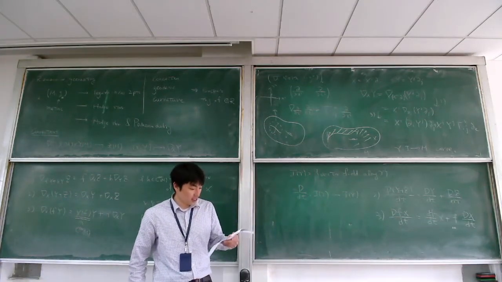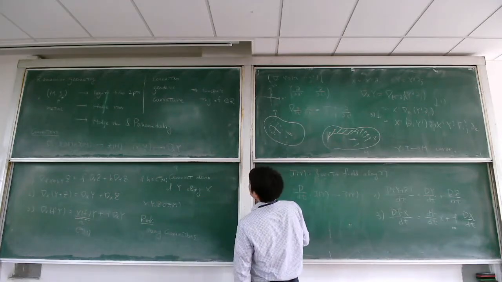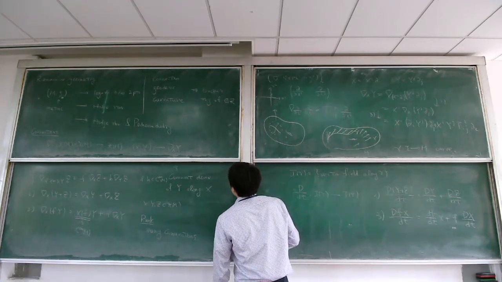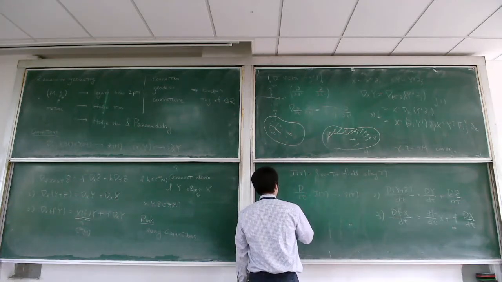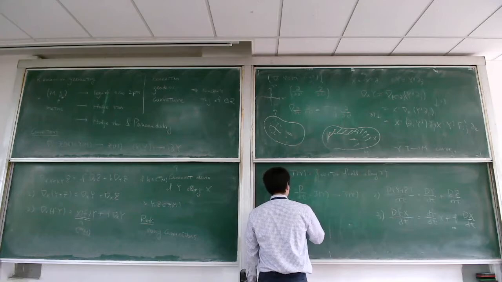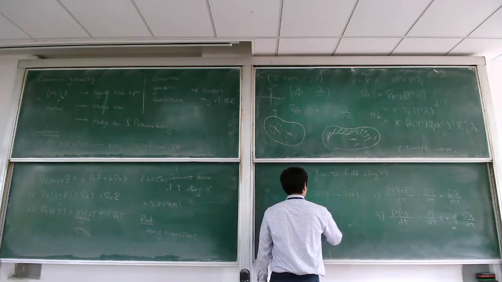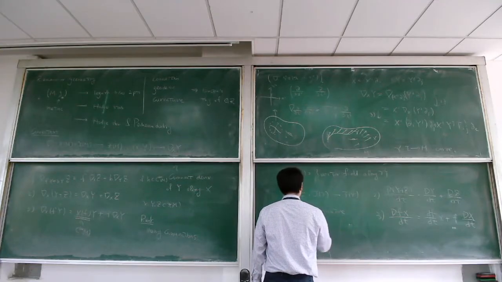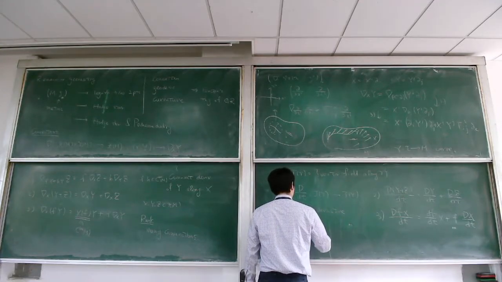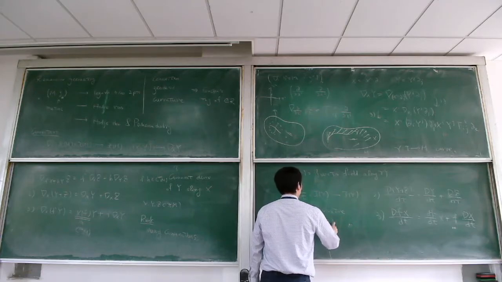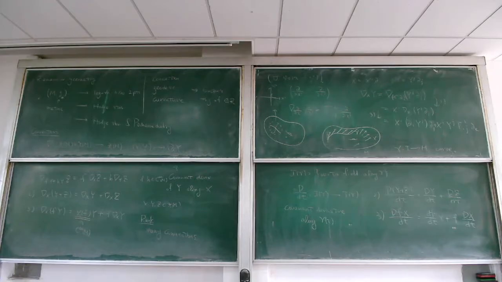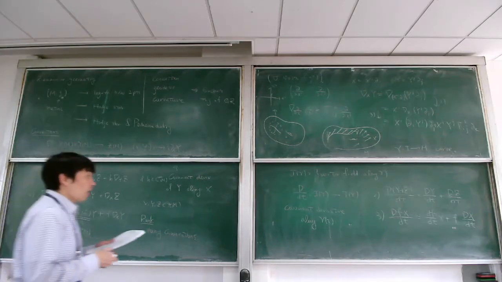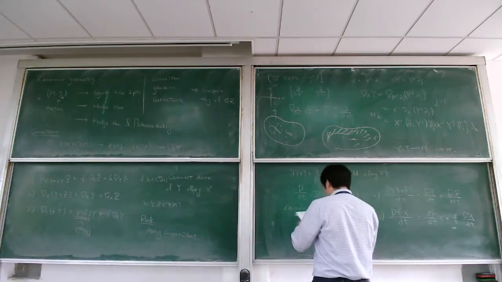So that's how we introduce a covariant derivative along gamma of t. Oh, sorry, I didn't mention one thing. What is the first condition?